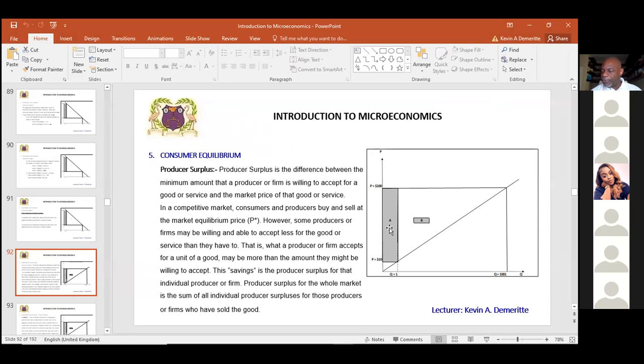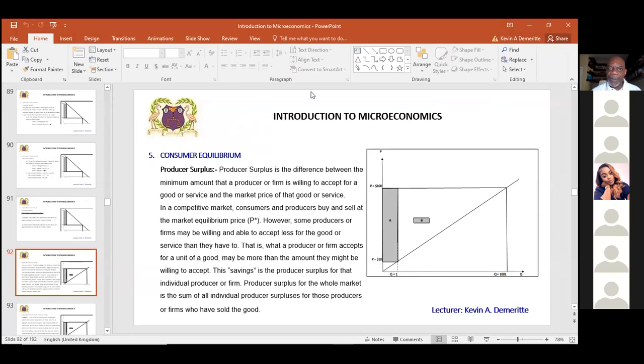A is the producer surplus for the Base Road Bar. The rest of the market is B, which is also a triangle. And that triangle goes from 1 to 201. So this entire base is 200, same as in the consumer surplus. So it's half the base times the height. The height is 75 minus 15, which is that 60.